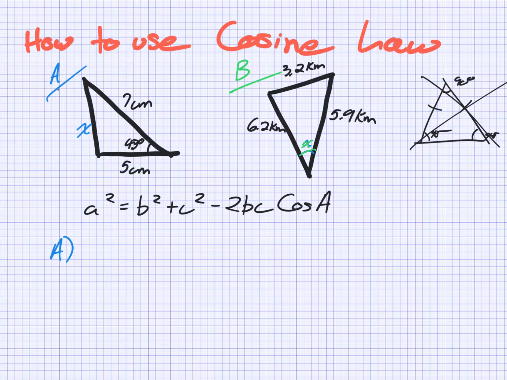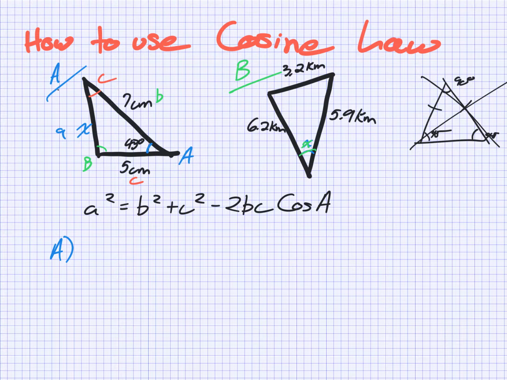Like I said before, when we go to name stuff, make sure you name the side you're looking for A. So this will be our A side, which means the opposite angle is A, okay? And then B and C doesn't really make a big difference. I'm going to call this B, which would make this angle B, and I'm going to name this side C, which would make this angle C, okay?